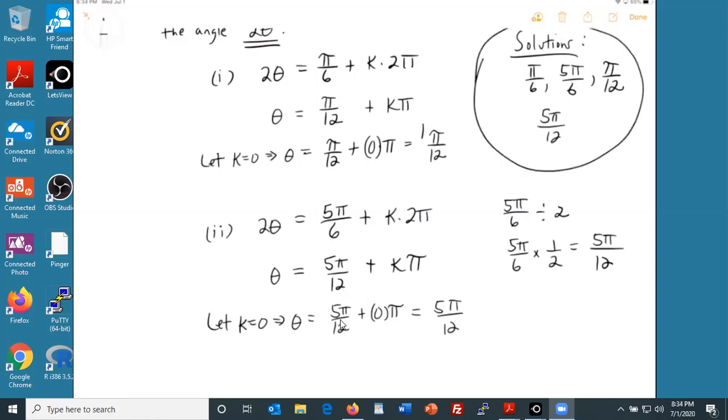There's my 4 solutions. So the first 2 were found on the unit circle.